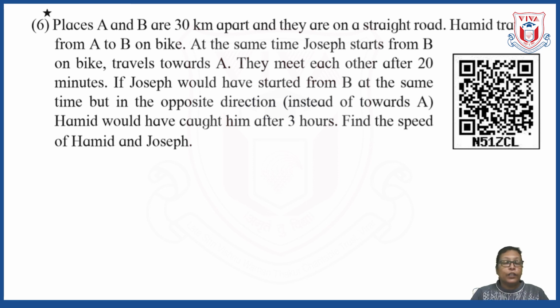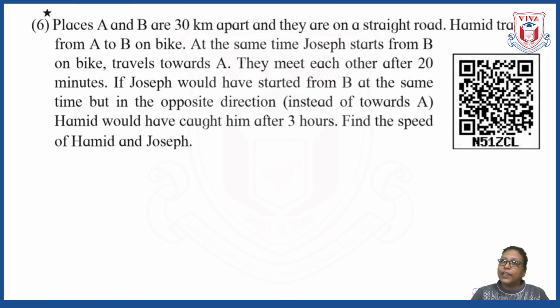Okay, so after reading the question you will find that it is very difficult, but try to understand it, try to analyze it. So, see here, places A and B are 30 kilometers apart and they are on a straight road. So, first of all, for solving this question, try to draw the diagram. The diagram will help you better.